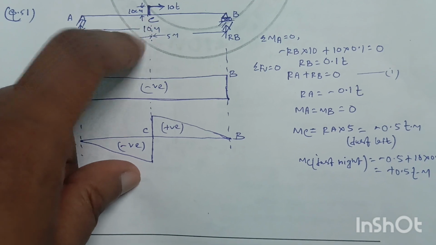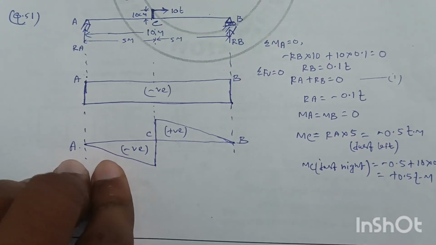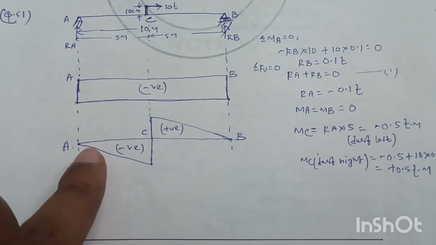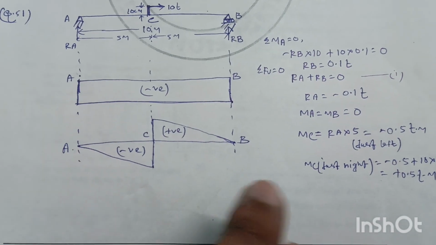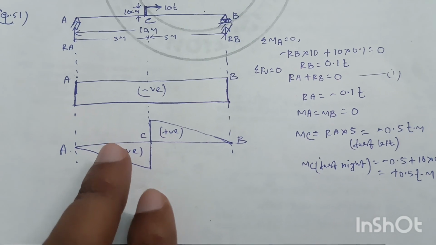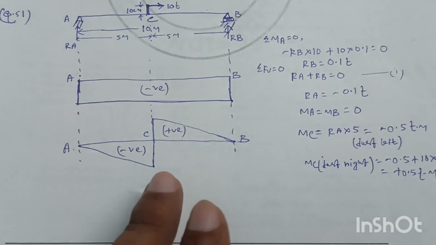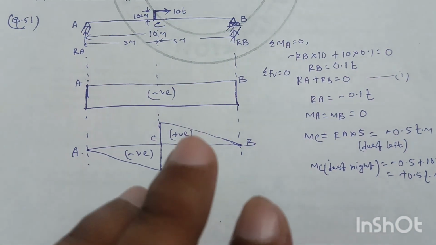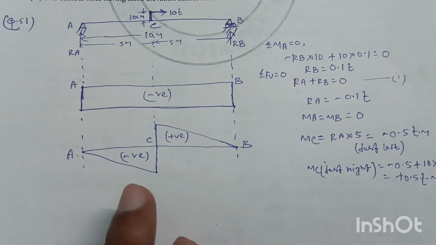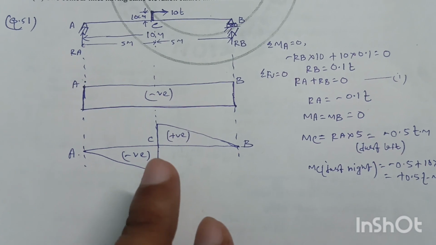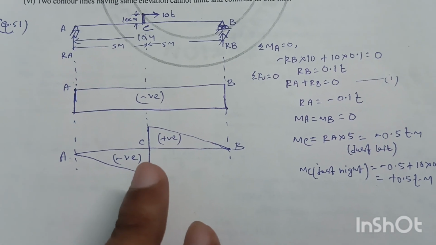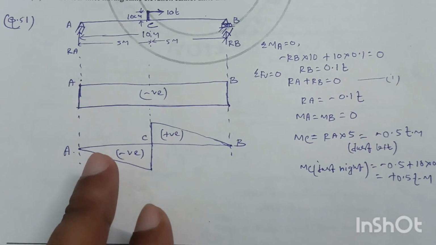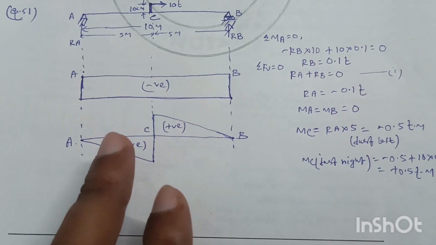Moment at C, if we are coming from A: at point A moment is equal to 0, but at point C just left, where the clockwise moment at the center is not involved, the moment at C will be RA into 5. So RA equal to minus 0.1 into this length of 5 meters, so minus 0.5 ton meter.